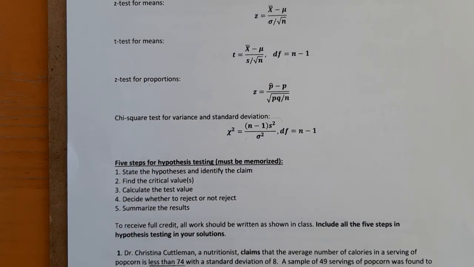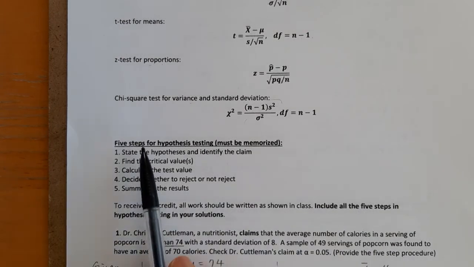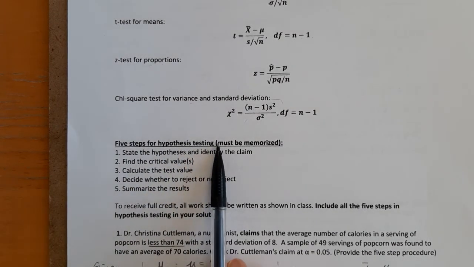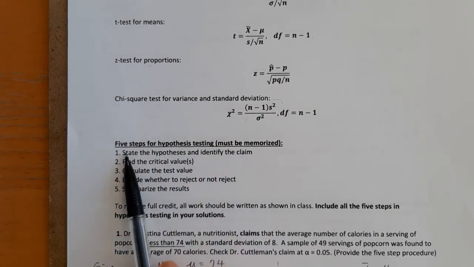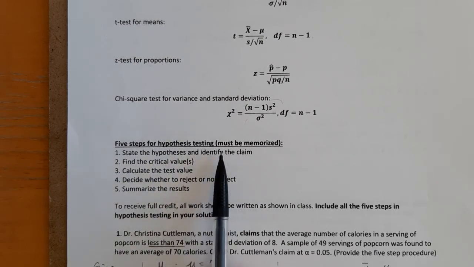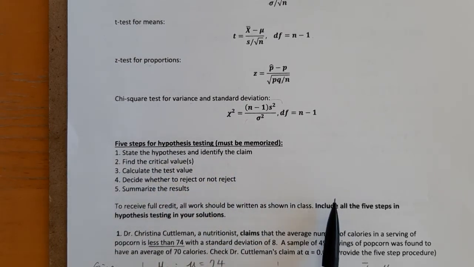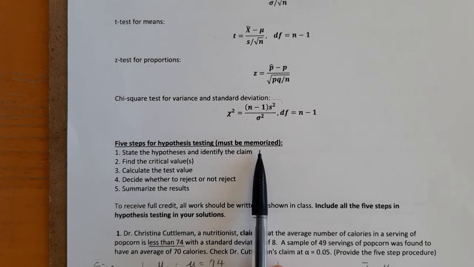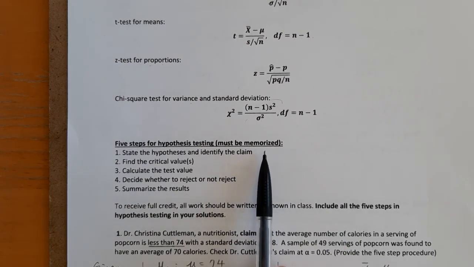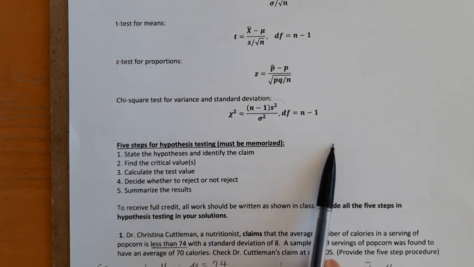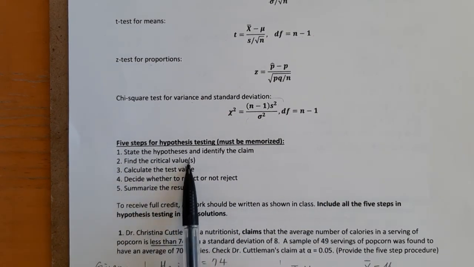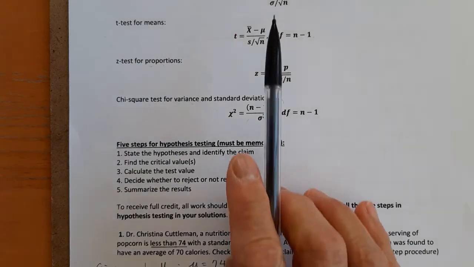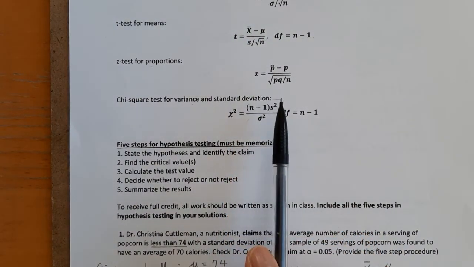And we also use the 5 steps for hypothesis testing. First step, state the hypotheses and identify the claim: the null hypothesis H0 and the alternate hypothesis H1. Second, find the critical values, like z or t critical values.